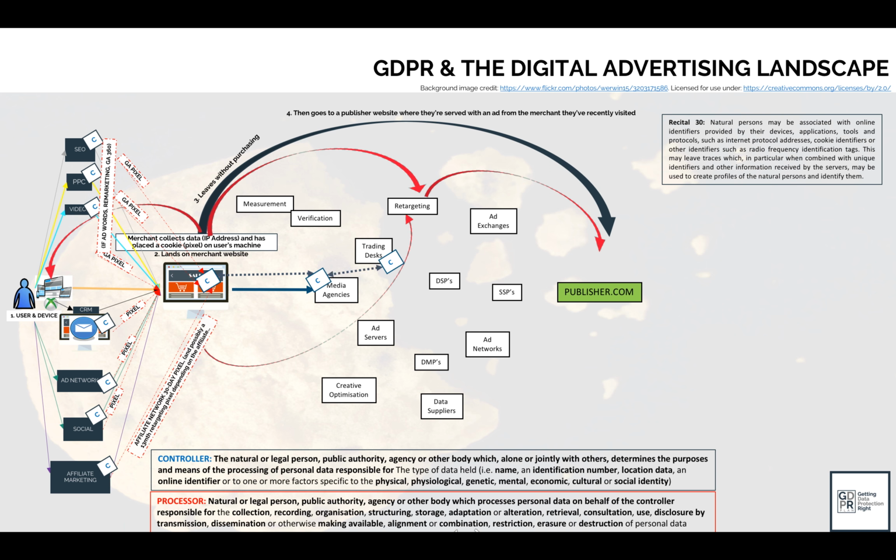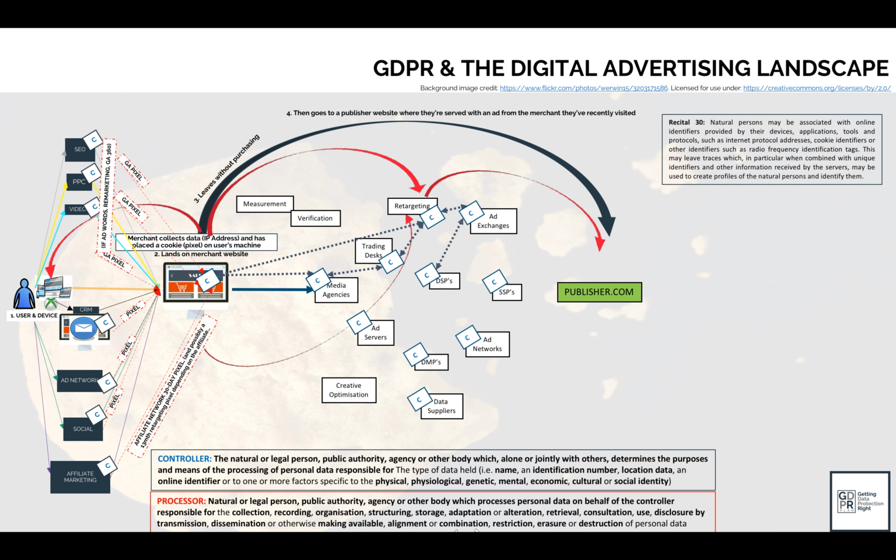Or if the merchant is working directly with a retargeting company, then there needs to be joint controller agreements in place to ascertain the responsibility once the retargeting company has taken that user's profile and determined the purpose after the event for the processing of that user's data via selling the profile to publishers or other parties via the chain.